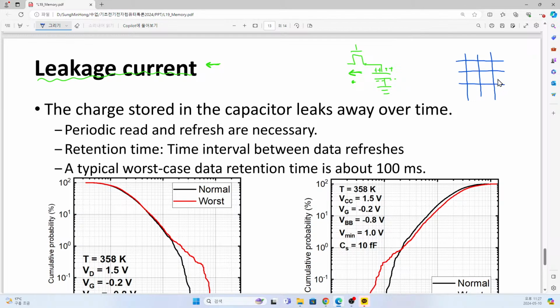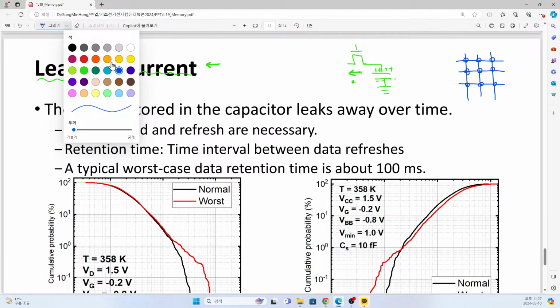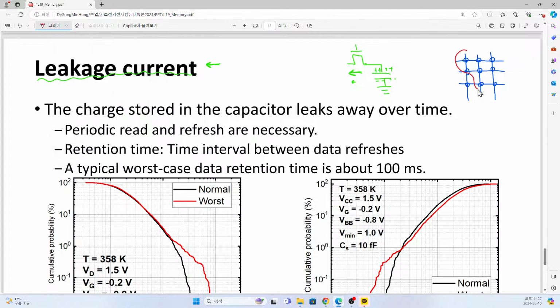For example, here we have 9 different devices, and eight among the 9 transistors have been made quite well, so they have very low leakage current.